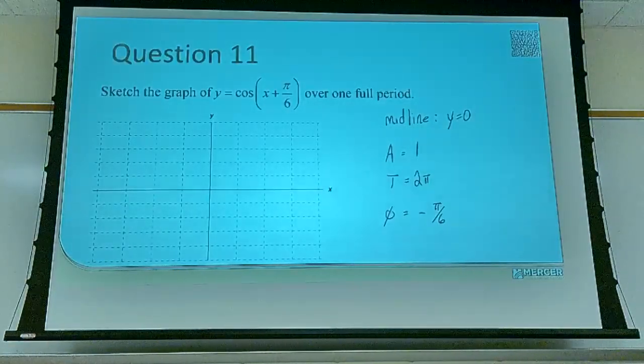Again, I'll start with the green. I'll worry about the phase shift later. So I'm going to start by assuming it's just cosine of x. Pick an interval. What have we been doing? Negative pi over 2 to 3 pi over 2. There's negative pi over 2. That would be 3 pi over 2 there.